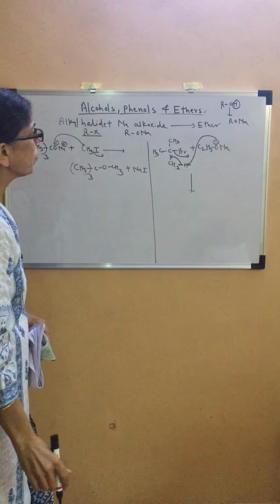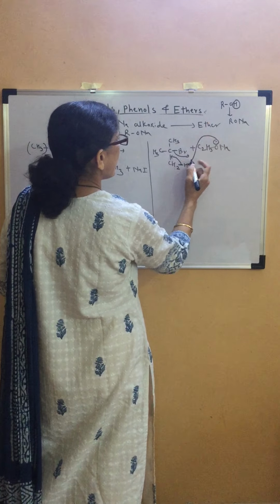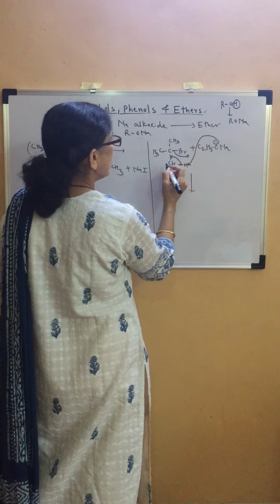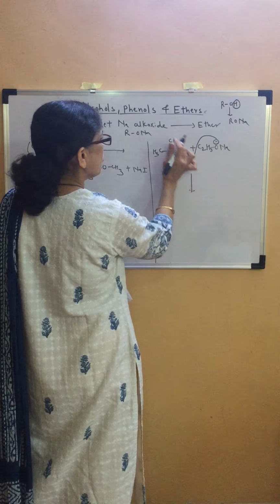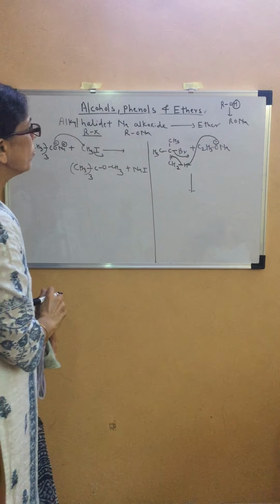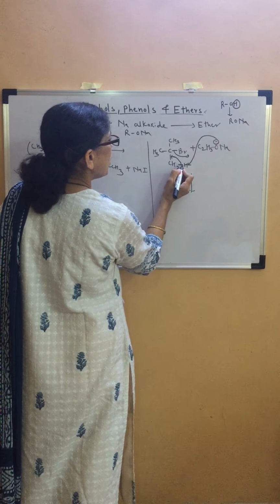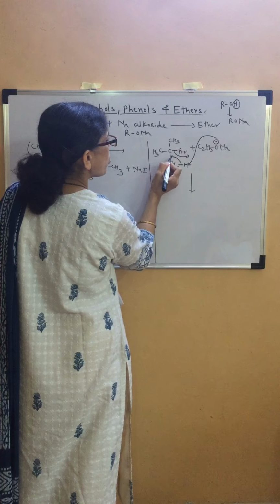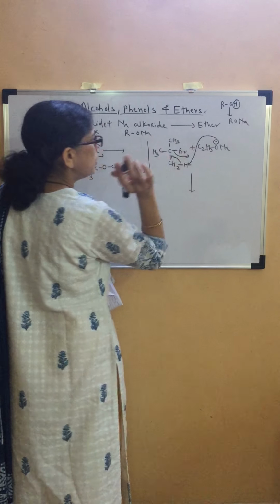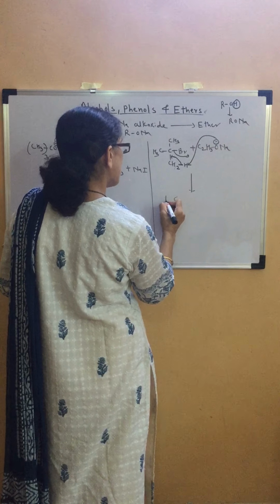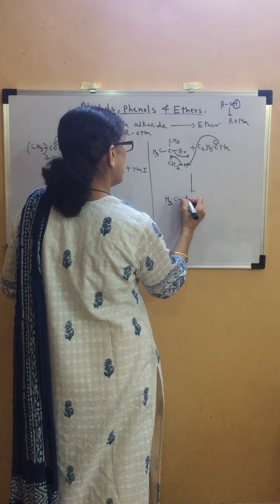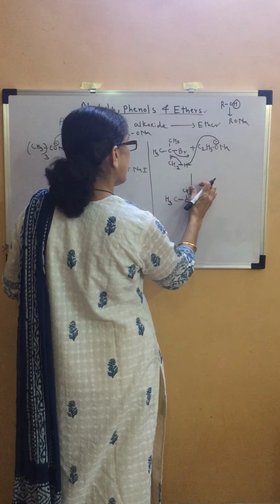So what is happening? C2H5O minus will attack this hydrogen, which is any hydrogen atom from any CH3 group. The electron pair between carbon and hydrogen will be shifted between these two carbon atoms and Br will leave. So what will we get? See, this CH3 will remain as it is, CH3, isn't it?